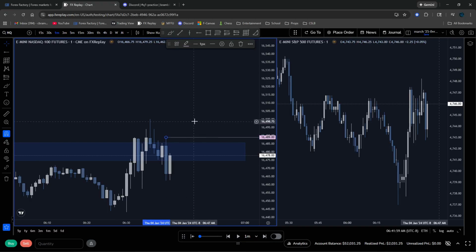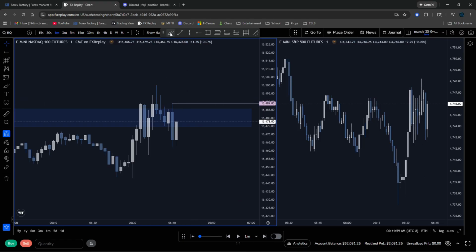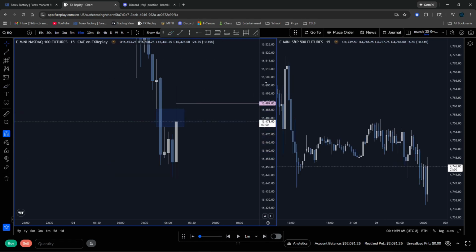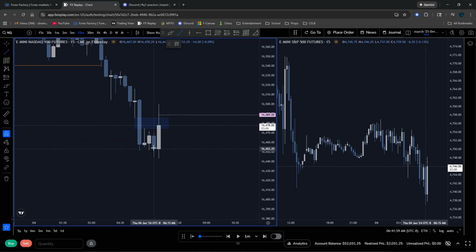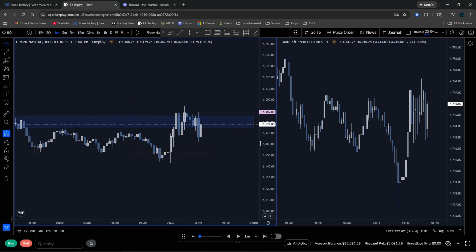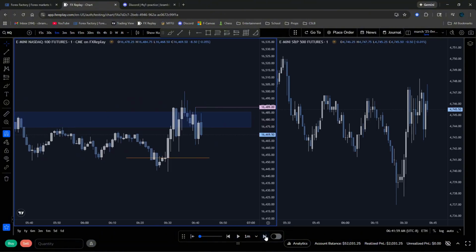So this is a pretty enticing candle. However, I prefer to see actual structural closes and not just a change of internal structure, right? I want to see price actually close below, or at least displace pretty cleanly through.